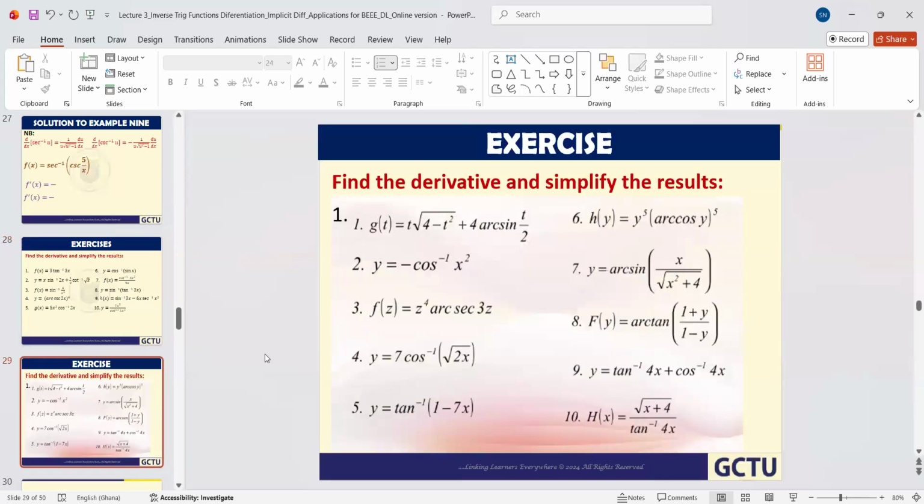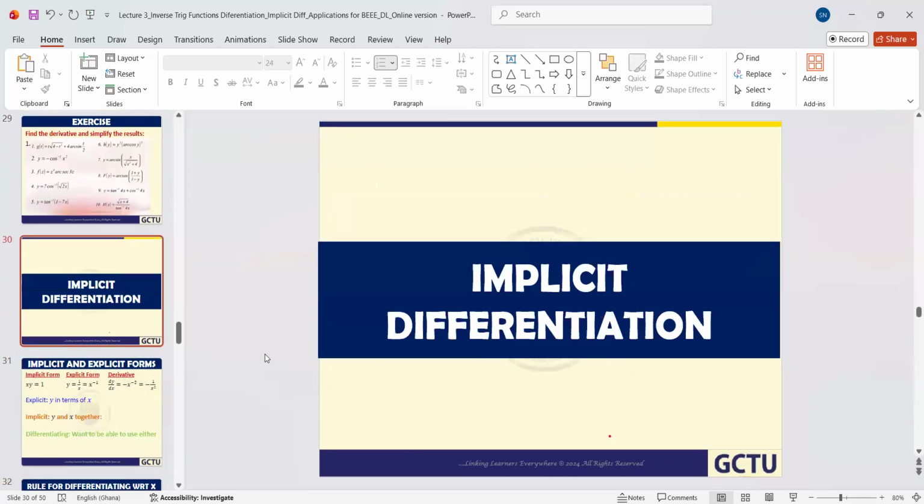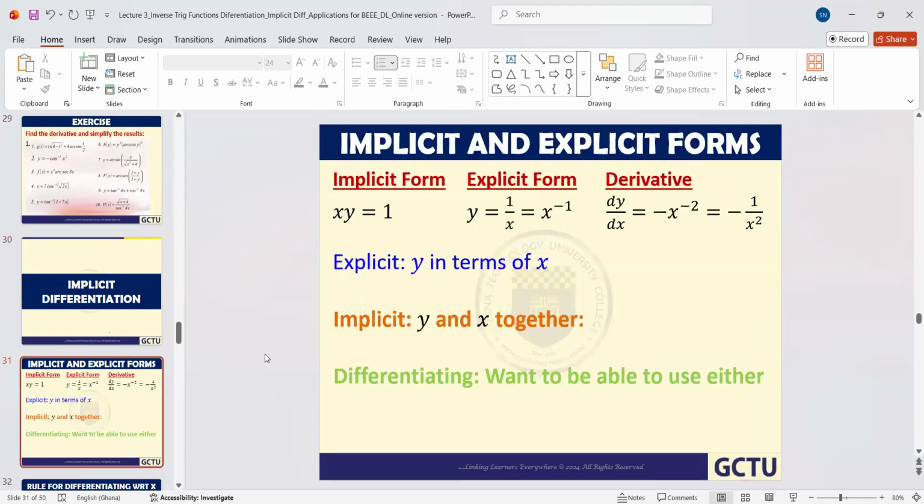There are more questions here. The second part is a little bit straightforward, but also it follows the rules of what we call implicit differentiation. We are going to explain the concept of implicit differentiation. First of all, when you are given a function that involves x and y, then what we mean by implicit form is that you have y and x together.